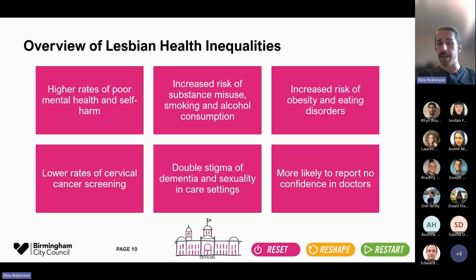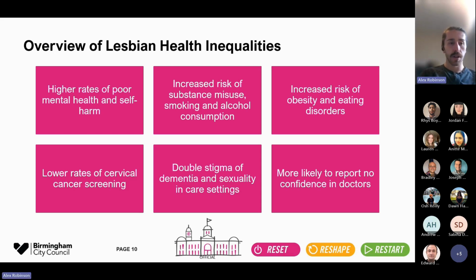It is found that many residential care settings feature heteronormative communities that don't really understand the experiences of lesbians in older age. Also, in terms of experiences of healthcare more widely, lesbians were more likely to report having no trust in their doctor and less likely to have attended the GP in the last 3 months.